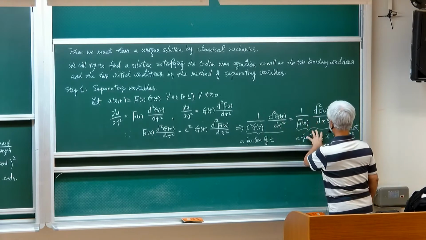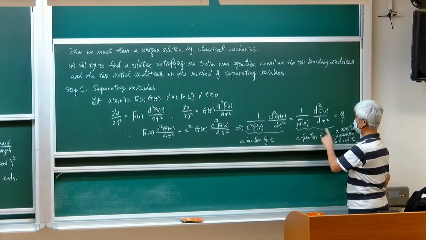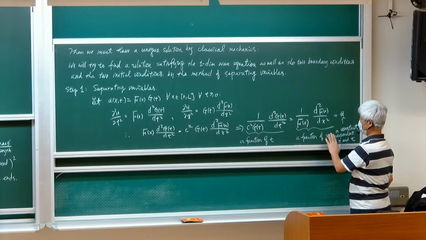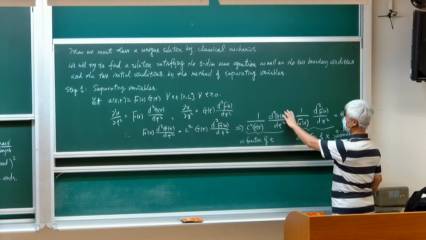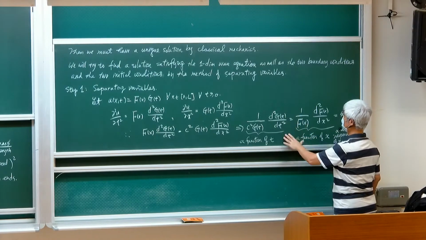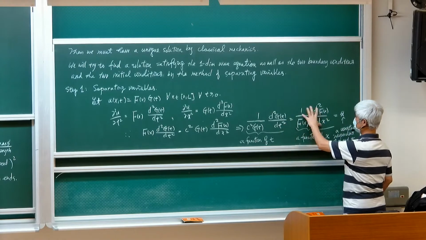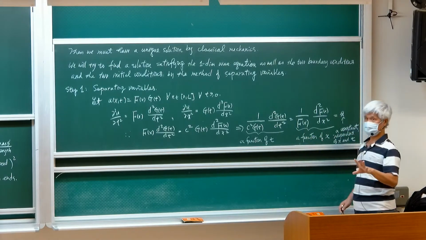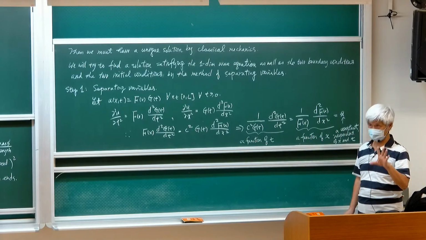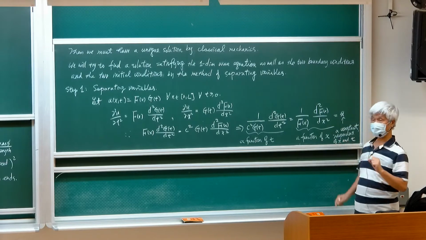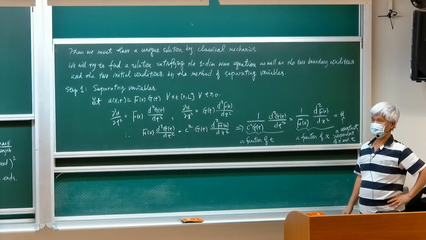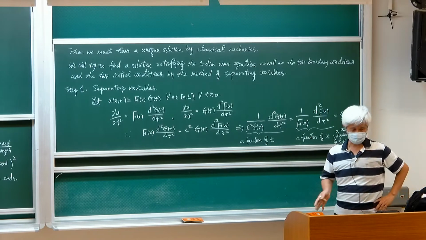This part depends only on one independent variable x. By the equality, we know that these two quantities should be equal to a constant, which is independent of the two independent variables. So that is the power of separation of variables.